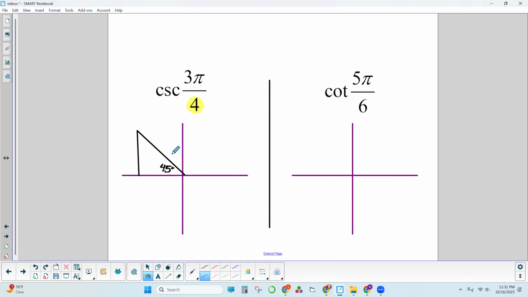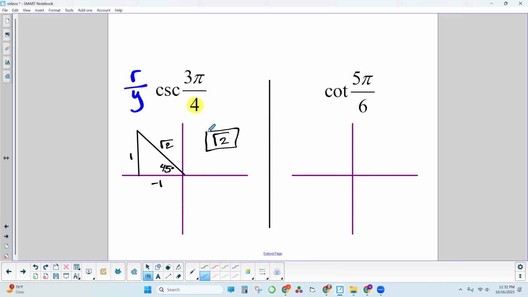That's associated with the fourths. Then my special right triangle is 45, 45, 90. The legs are 1, that's a negative 1, and r is square root of 2. Cosecant is r over y. So what is cosecant at 3 pi over 4? R over y is simply square root of 2.